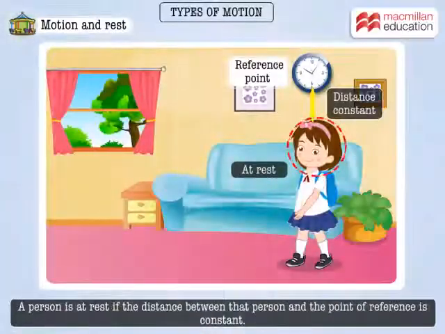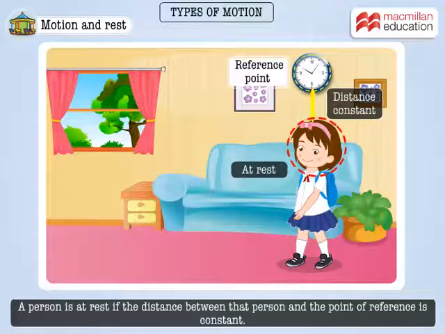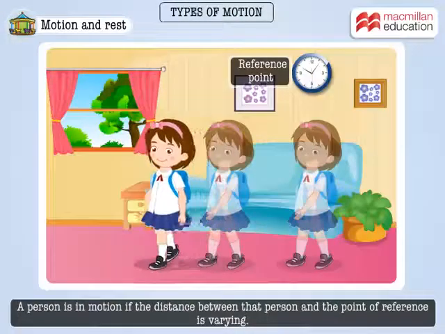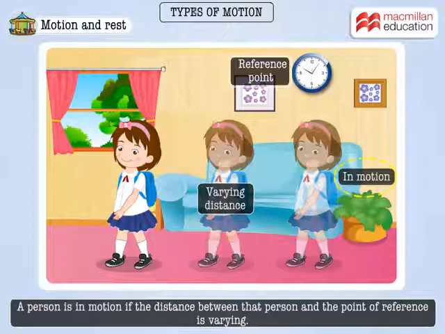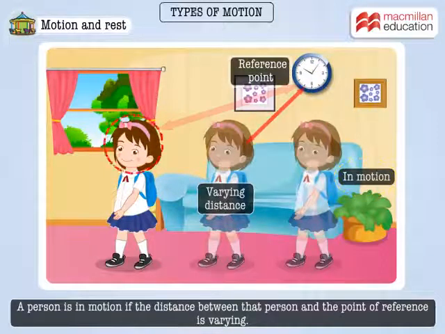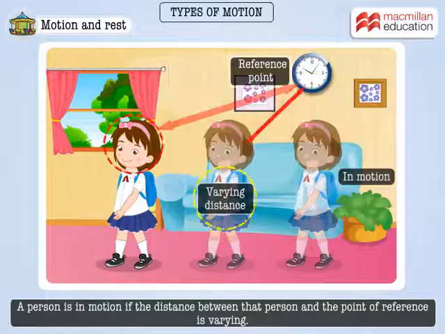A person is at rest if the distance between that person and the point of reference is constant. A person is in motion if the distance between that person and the point of reference is varying.